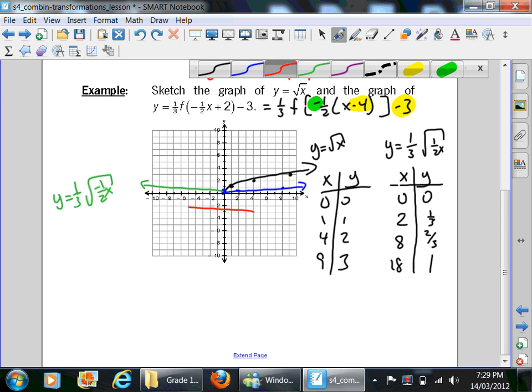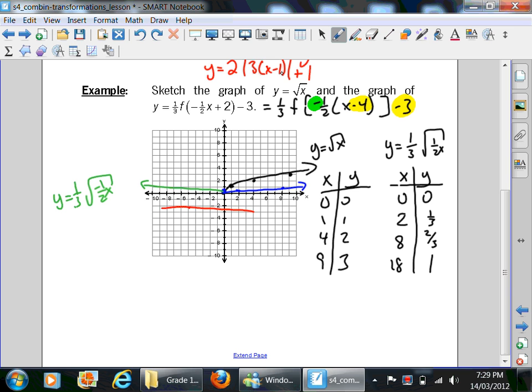Because we really do just want to continue that very gradual curve. And we should label this now as y equals 1/3 the root of negative 1/2 times x minus 4, minus 3.